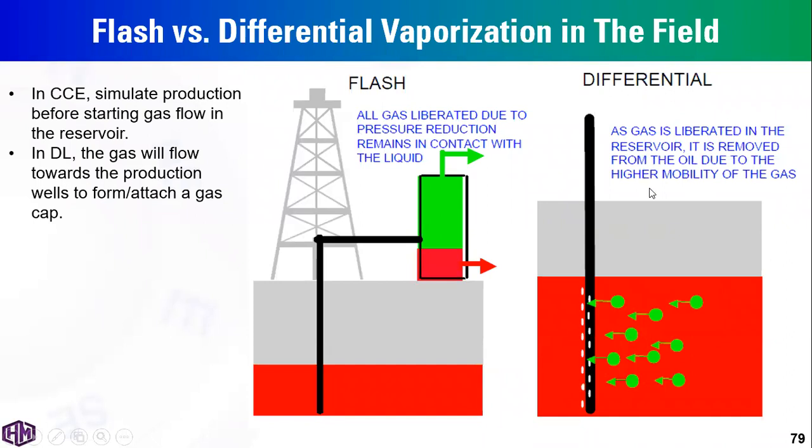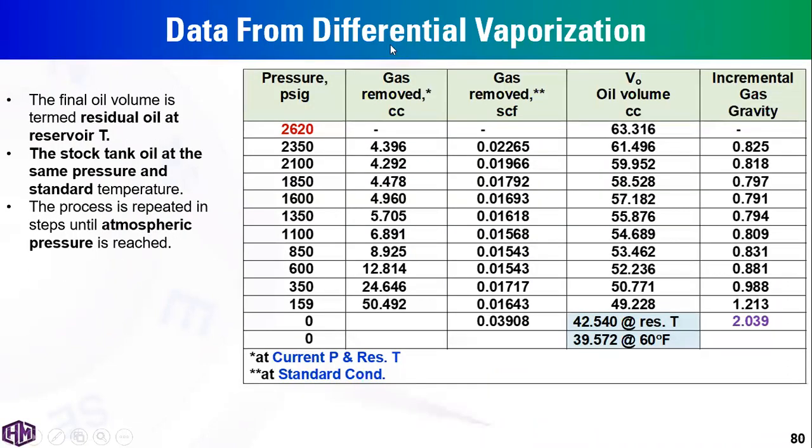So the final PVT data will be an integration between flash and differential vaporization data. This is the data from the DV experiment. It's the pressure starting from bubble point pressure, with gas removed in CC at the standard condition, which means at standard pressure and temperature. This is the oil volume in CC and the incremental gas gravity, increasing step by step, because the heavier or intermediate components of the gas will be released at the last steps.